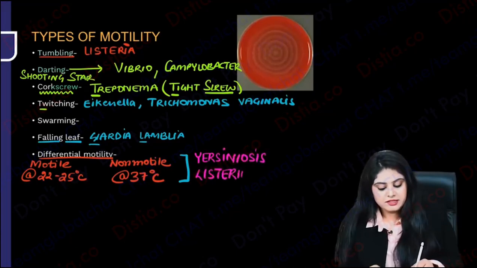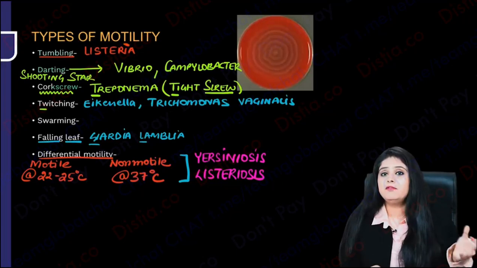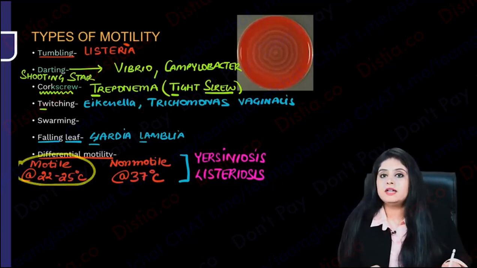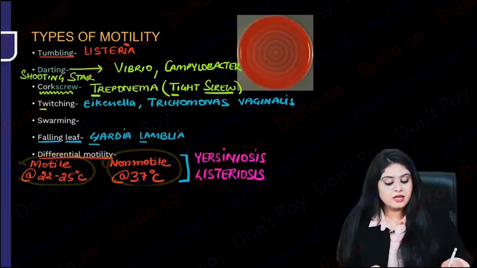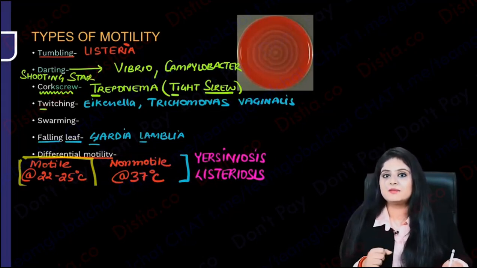So now I can say that Listeria was that tipsy man, Listeria was that tumbling, falling, drunk man. So that drunk man is going to be drunk at 22 degrees and is not going to be drunk at 37 degrees, which is a life lesson that I'm telling you, that when you are young, you can still afford to be drunk, because at a young age your body will be able to accept that much of alcohol.